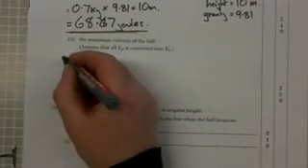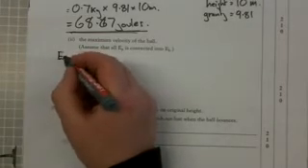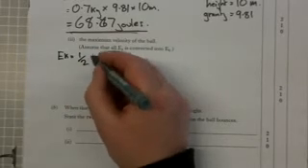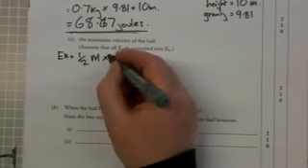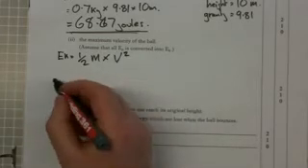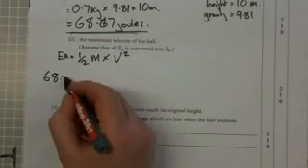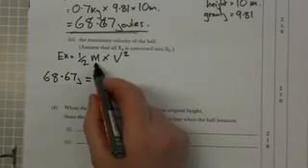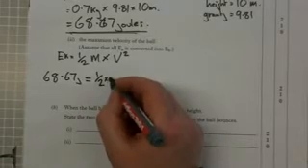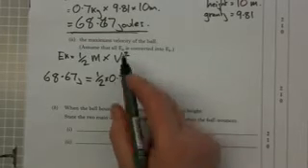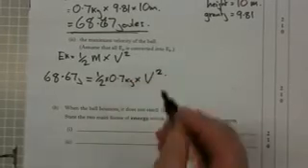We know that the formula for kinetic energy is energy kinetic is equal to half the mass times the velocity squared. We know the energy kinetic is equal to energy potential, so 68.67 joules is equal to half the mass, which we know to be 0.7 kilograms, times, in this case the unknown is the velocity squared.